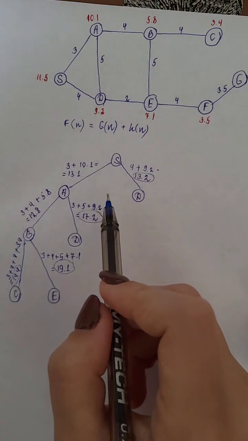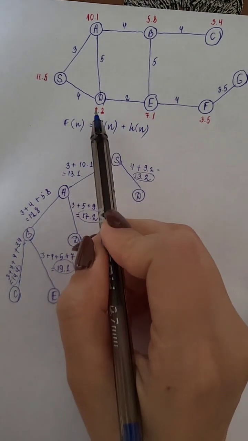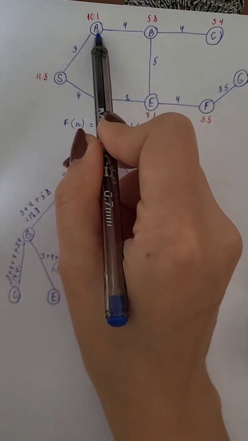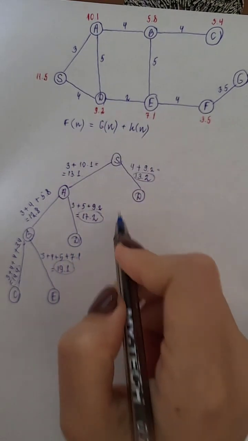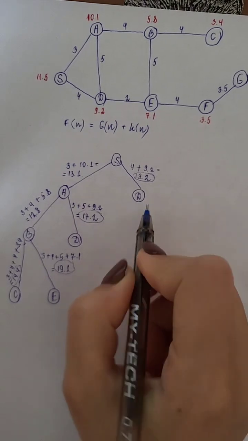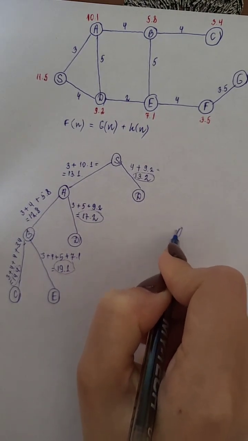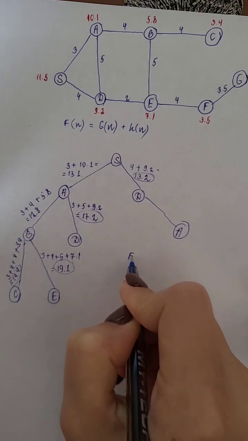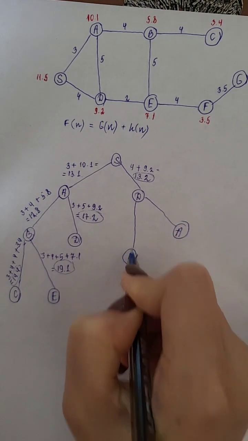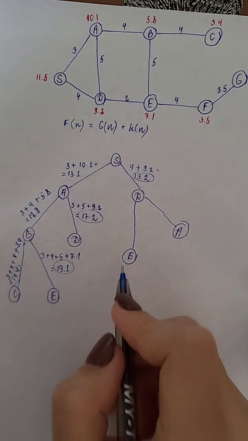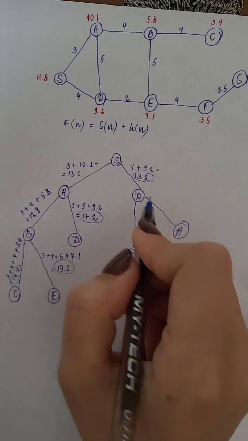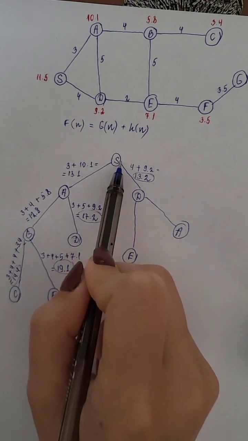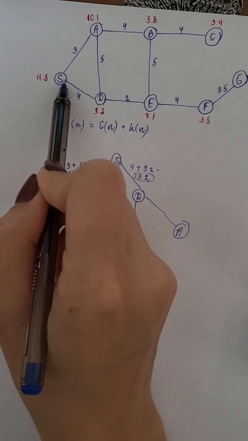And let's look at the neighbors of D. D has two neighbors here, A and E. So I will write here A and E. Okay, let's look at A. So the distance between S and A is this one, yes?